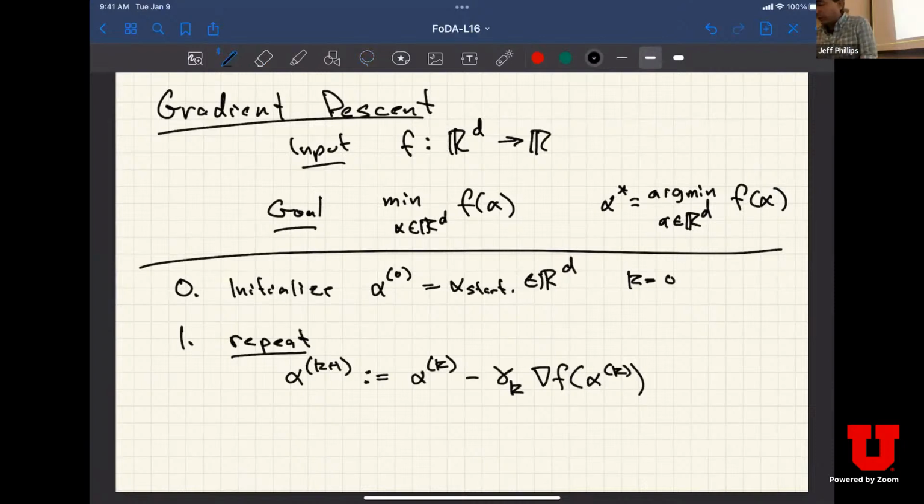On the side, we do k gets k plus 1, so we increment our counter. If you have a for loop, then that handles the increments for you. But basically, this is the algorithm.